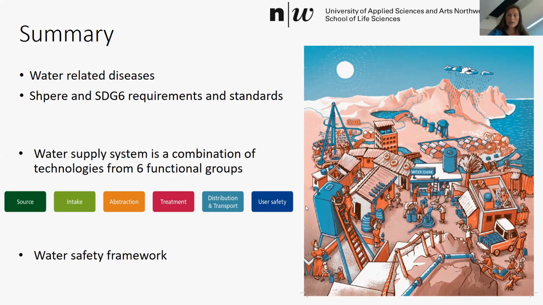We looked at the compendium of water supply and treatment, and at the different functional groups presented in this compendium, showing that a water supply system is a combination of technologies from 6 functional groups. And finally, I introduced you very shortly to the water safety framework from WHO. I'm happy to answer any questions, and I hope you enjoyed this lecture. Thank you very much.